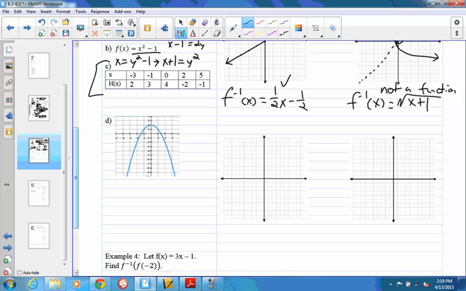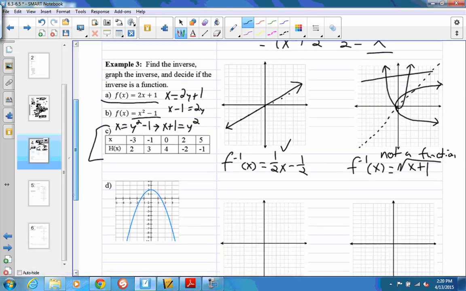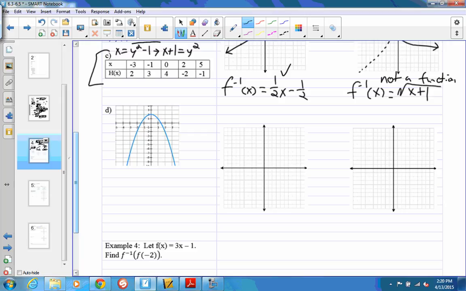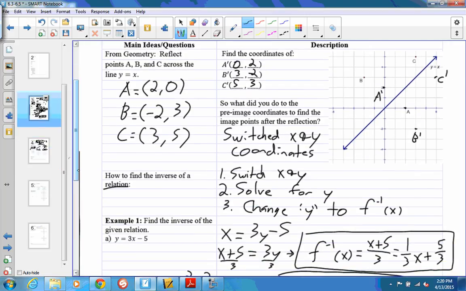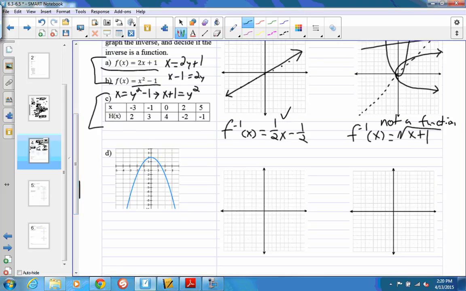Time out. On that inverse one. All right, for C, guys, remember, what did I do to flip those coordinates across to an inverse? I switched x and y. On your homework, you'll be given functions, pictures, and just data, x's and y's. What do you think I do to each of these points to find the inverse? Switch x and y, right?